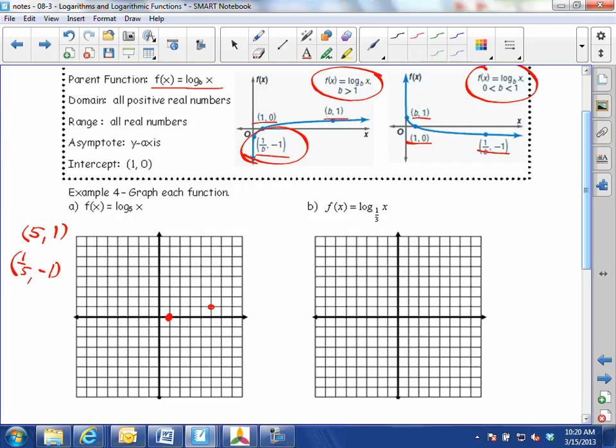Wait, is the first point always 1, 0? Yeah, they're both going to go through 1, 0, no matter what, as long as we're not adding or subtracting anything. Yep. And we can just draw a curve.